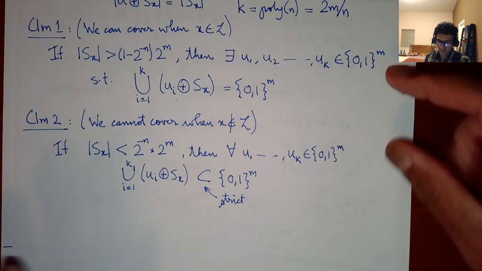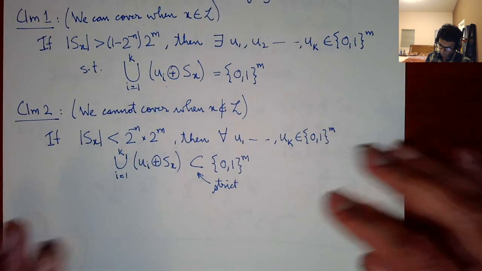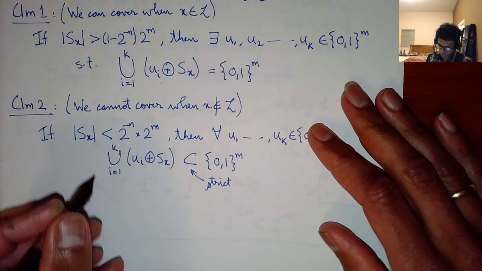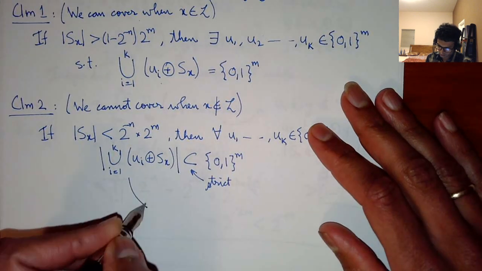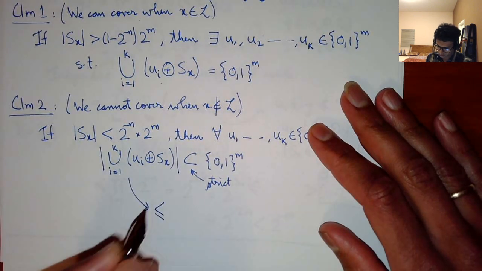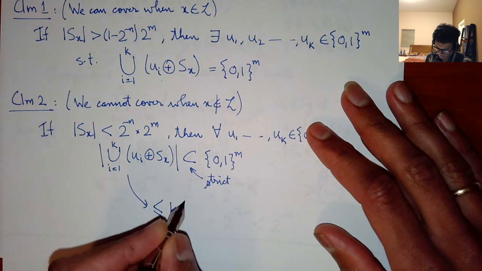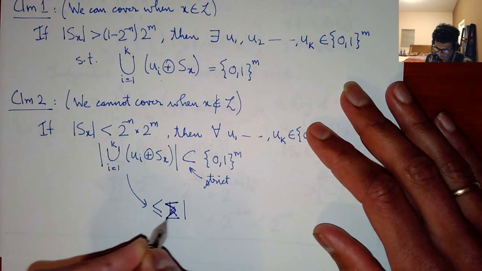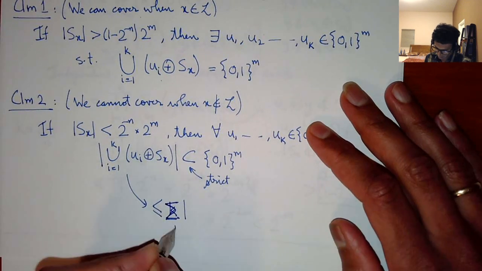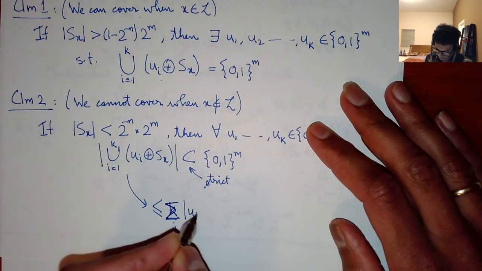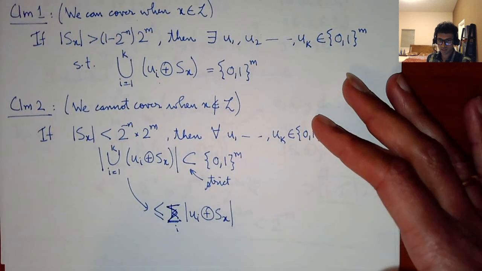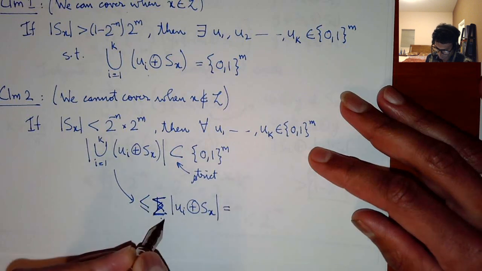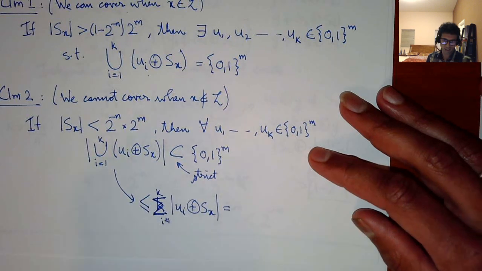Claim 2, the proof is actually quite simple. I can even just write it down here. If you look at the size of this, the size is at most k times the size of, well, this is also a union bound, really. It is at most the sum of the sizes of u_i XOR S_x, and we just argued that the shift doesn't change the size.